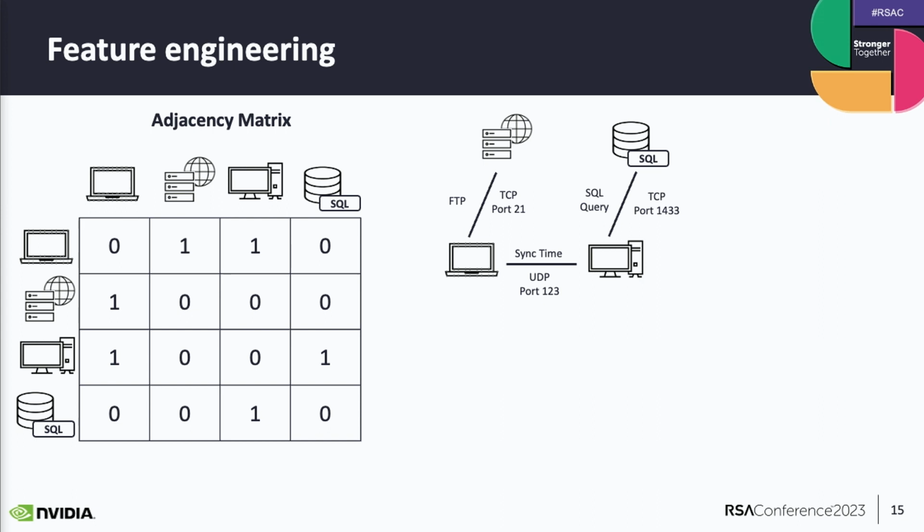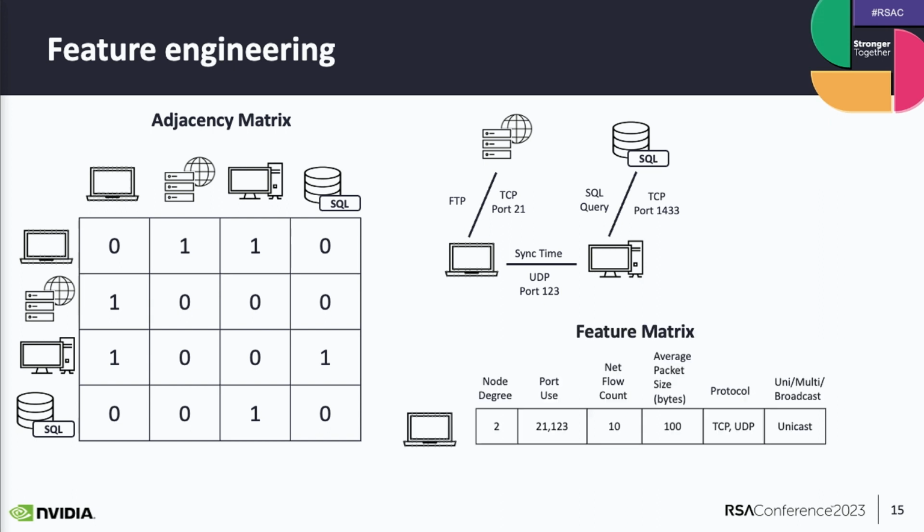Now coming to the feature matrix, we'll try and use this laptop as an example. We see that this laptop talks to 2 other assets, so we'll have a node degree of 2 here. But if we were looking at, let's say, any other asset like a web server, this would have been 1.